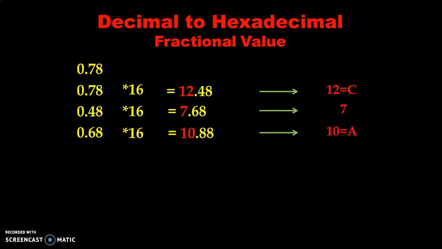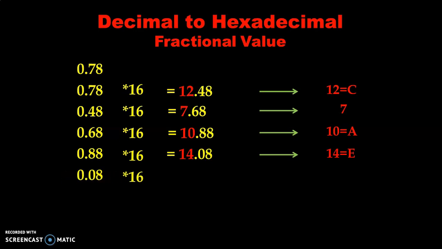We are taking the integer value aside. 0.88 again we are multiplying with 16. Then it gives us 14.08. 14 is the decimal integer value, and the equivalent hexadecimal of 14 is E. So we have to write E. 0.08 again if we multiply with 16, then it gives 1.28. 1, we are taking the integer value aside.